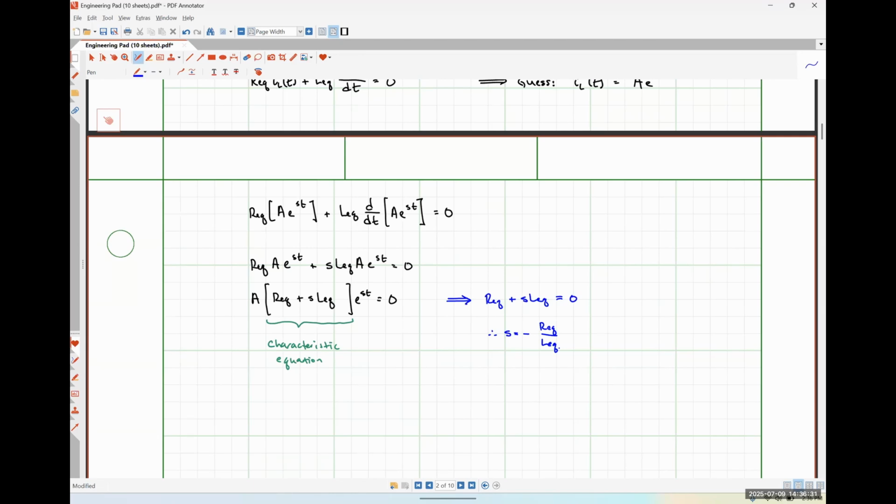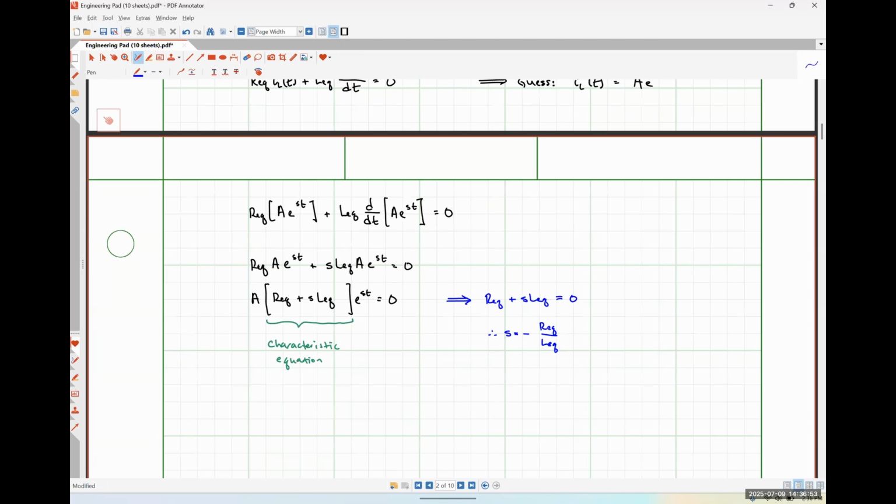So this tells us that the rate of our exponential decay or growth is actually related to the circuit elements that we have in our system, which is good. It's nice that the system behaves a particular way because of the elements that are in the system.